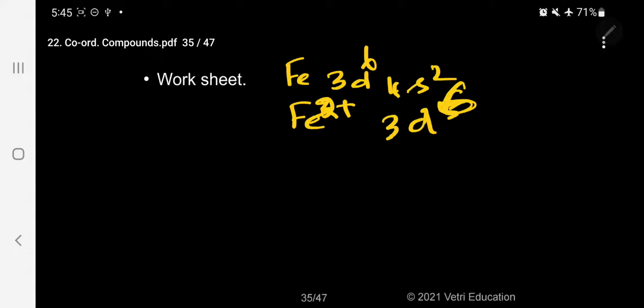Kindly follow. So now what I am going to do, according to crystal field theory, in the absence of ligands, all the five d orbitals, dxy, dyz, dzx, dx2-y2, and dz2, are all at the same energy level.